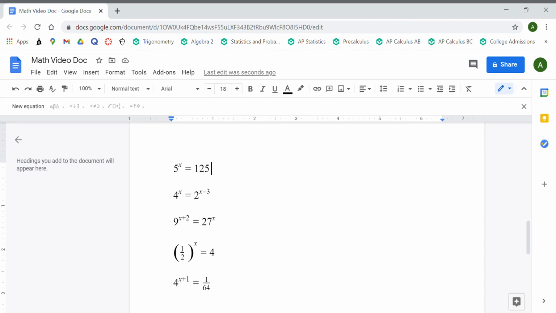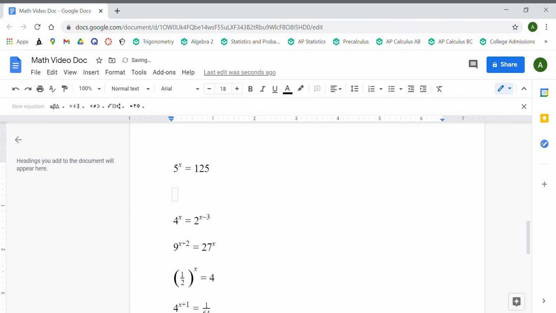Well, I will tell you that 5 to the power of something equals 125. What do you think that is? If you said 5 to the power of 3, you are correct. So what we do is keep this as itself and then rewrite this to make sure that the base is 5.